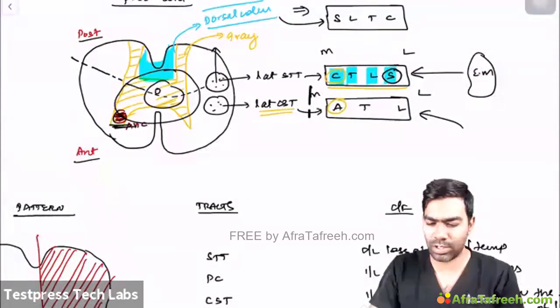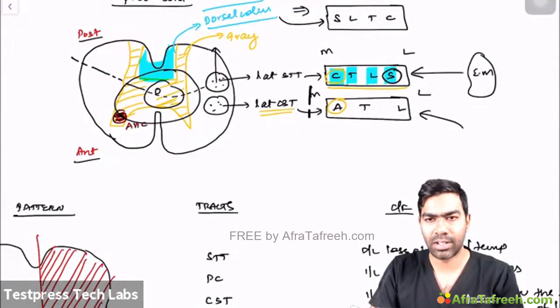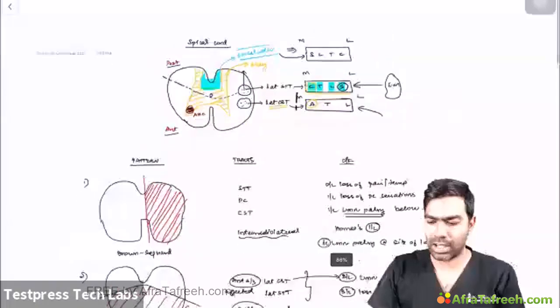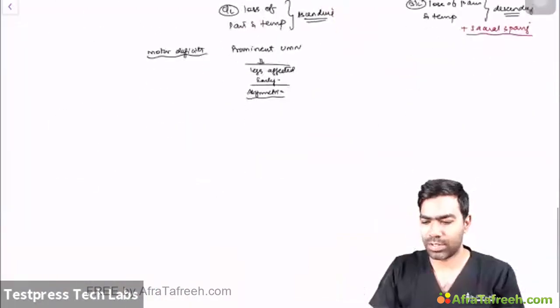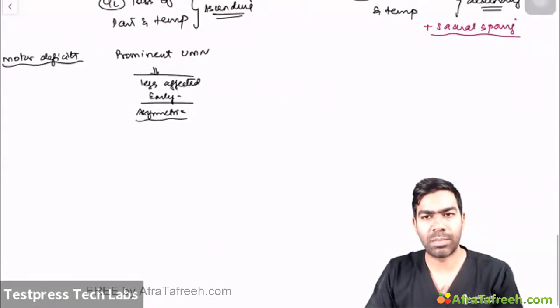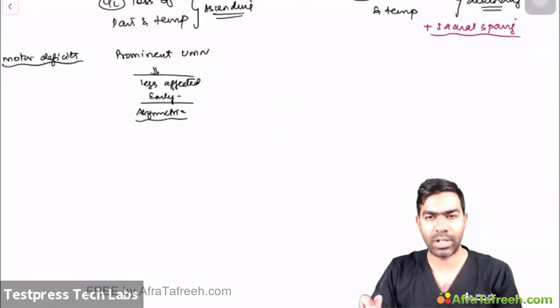Basically by the common logic. So when they keep expanding, which will be affected first? Anterior horn cells or the lateral spinothalamic tract? Yes, anterior horn cells will be affected first, which means if the anterior horn cells are affected, it will be prominently LMN.